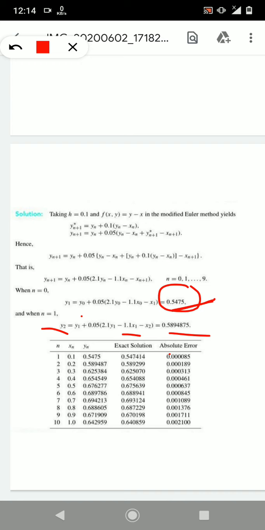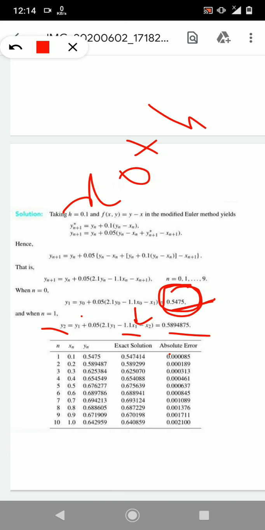Here y1 is equal to 0.5475 and x1 is equal to x0 plus h, which is 0.1, and x0 is equal to 0. For the second approximation, you will get 0.5894875. Third approximation, again in the same manner, we can find y3, which is 0.625.